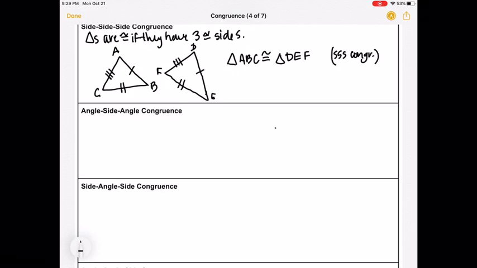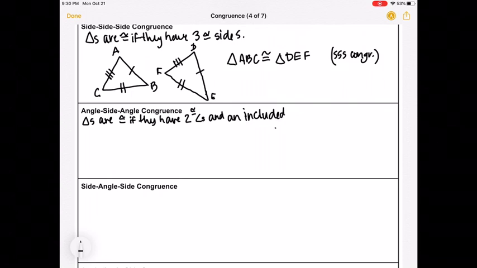All right, your next one is angle, side, angle. So for this one, it means that triangles are congruent if they have two congruent angles and an included congruent side.